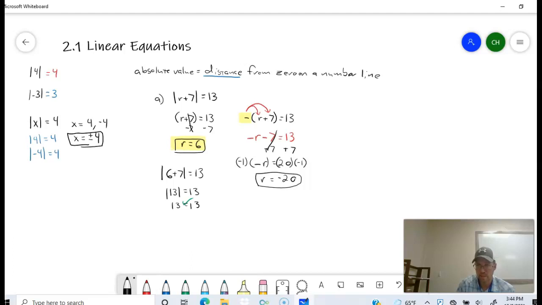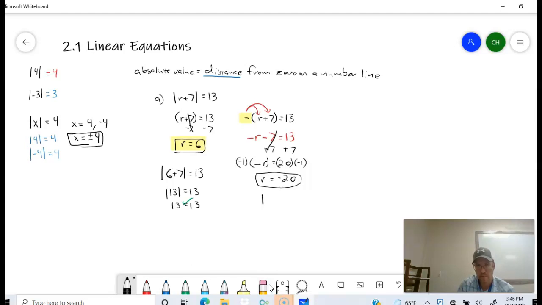On this other one, I'm going to replace r with negative 20, plus 7 equals 13. Order of operations says I need to do what's inside the parentheses first. Need to be careful there. I jumped ahead a little bit. My apologies.